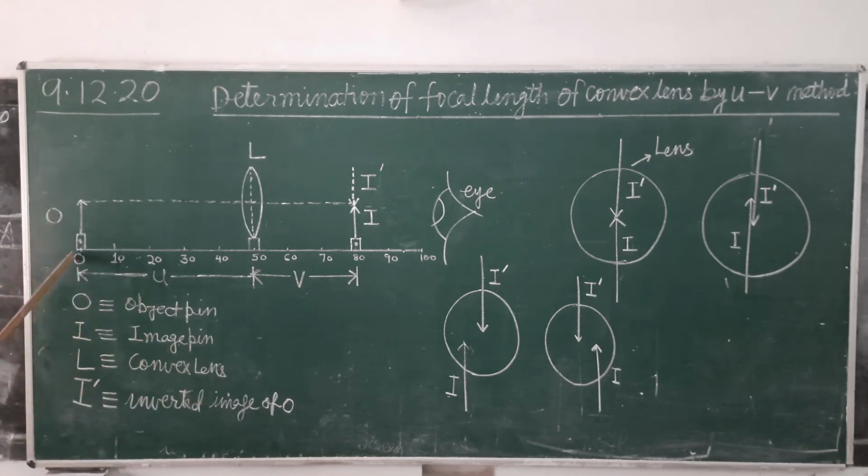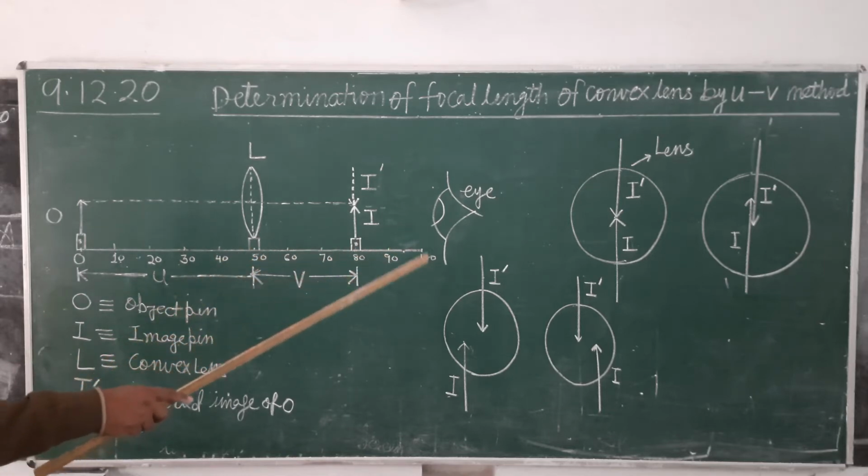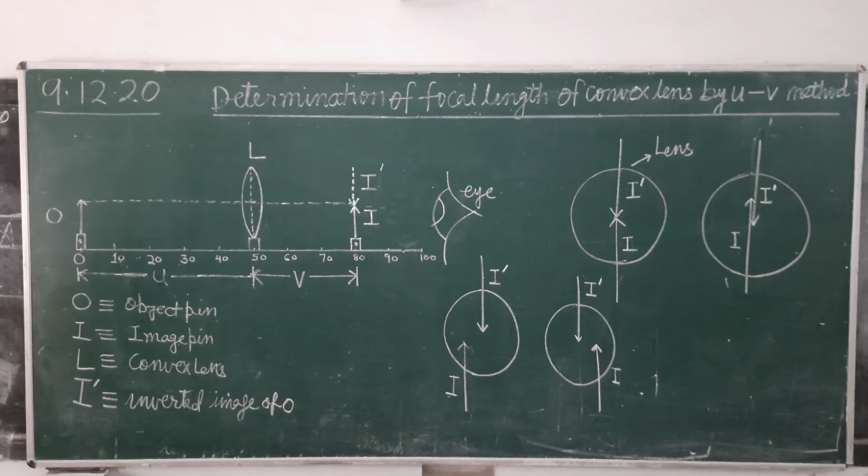This is the 0 centimeter mark, 10 centimeter, 20, 30, 40, 50, 60, 70, 80, 90 and 100. Usually in the past, we have seen in the question paper that the object pin O is placed at the 0 centimeter mark.